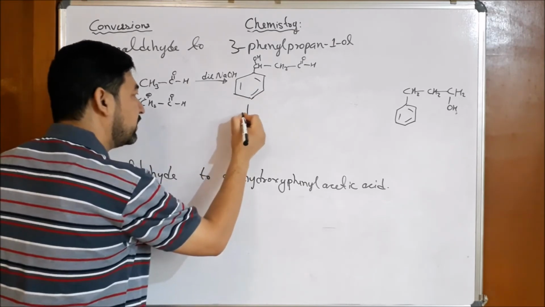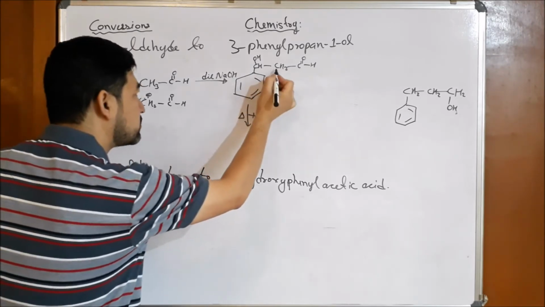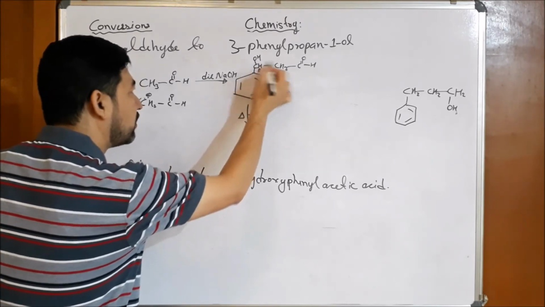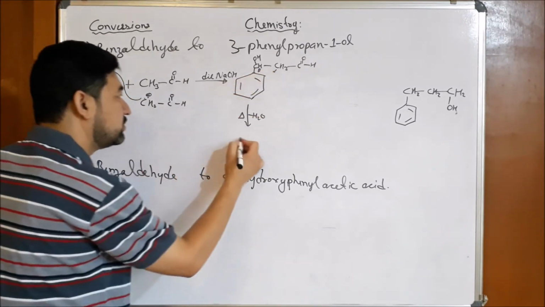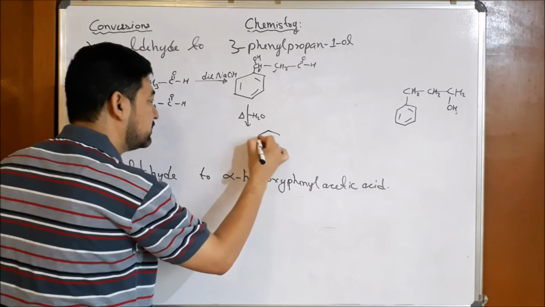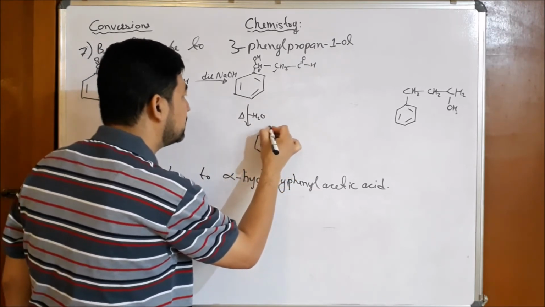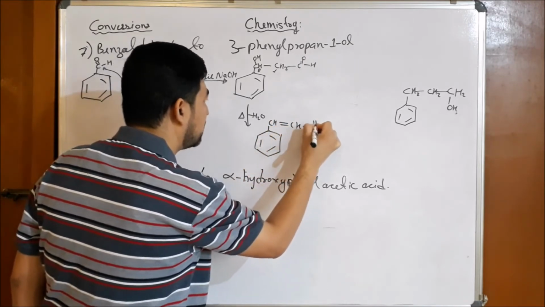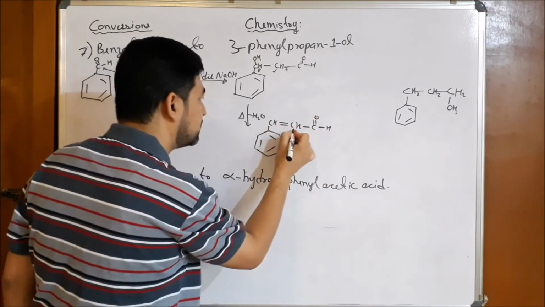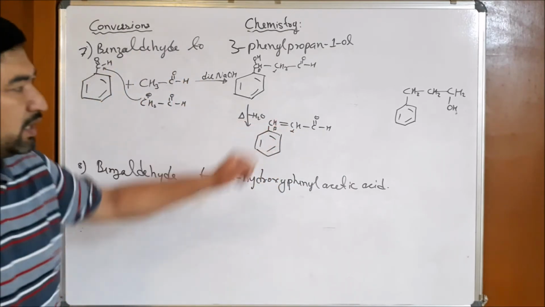Normally it is followed by heating, which results in the liberation of water. So it is a beta hydroxy aldehyde, right? It will release the water from here, so it results in the formation of this compound with CH=CH, right? So this is alpha beta unsaturated aldehyde.